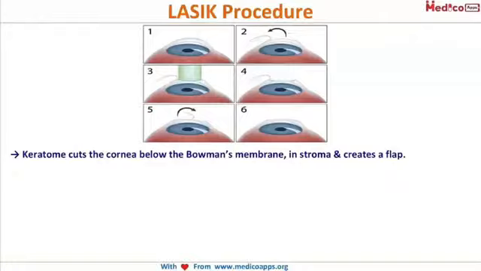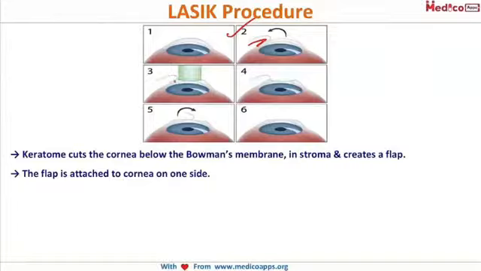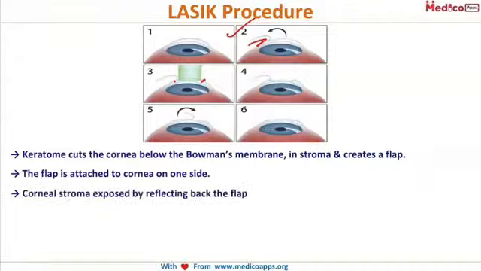You go beneath the Bowman's membrane and you can see in this picture that a flap is created. This flap is lifted but it is attached to the cornea on one side and it is lifted from the other side. The flap containing epithelium and Bowman's membrane is lifted, so the next layer, that's nothing but your stroma, is exposed.